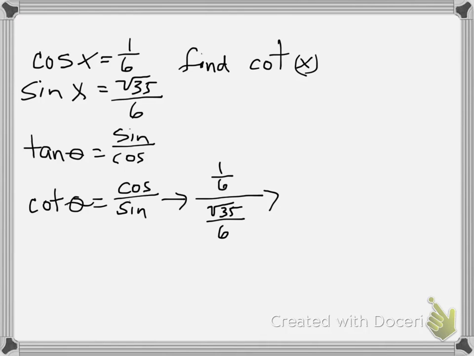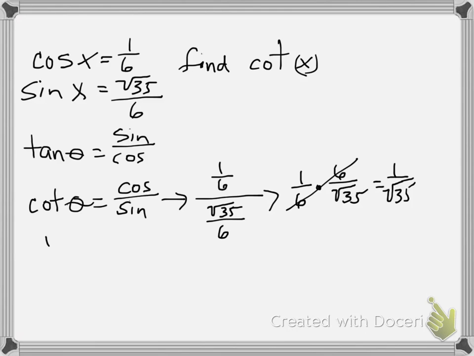And if we take the reciprocal of the denominator and multiply that times the numerator, I'm sorry, then we see that our 6's can cancel and we end up with 1 over the square root of 35. Hopefully you're thinking we can't leave that the way it is, and you're right.